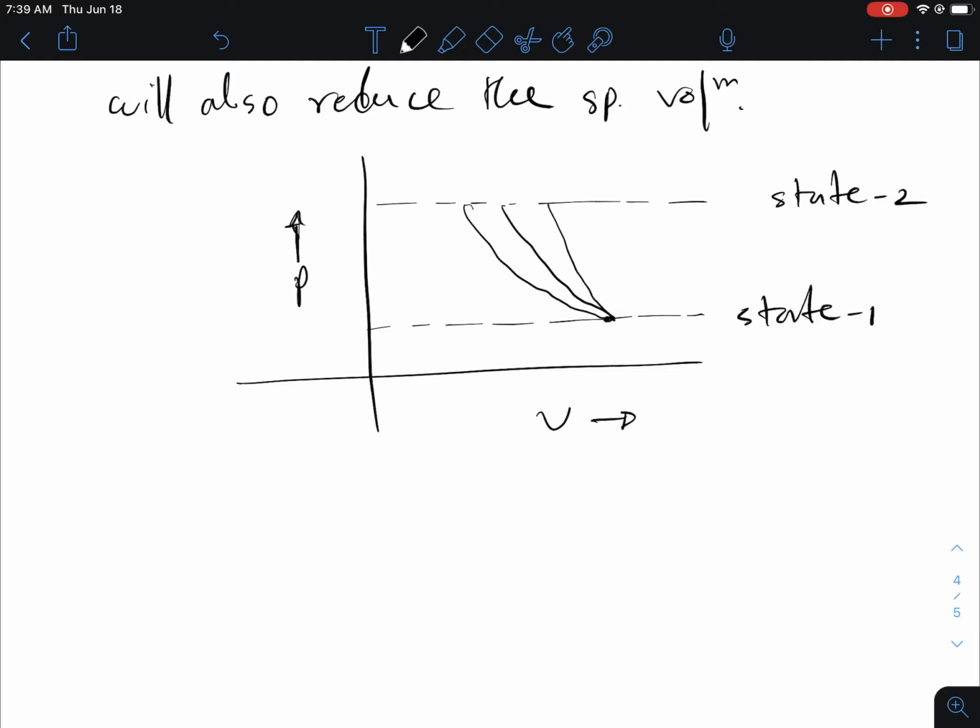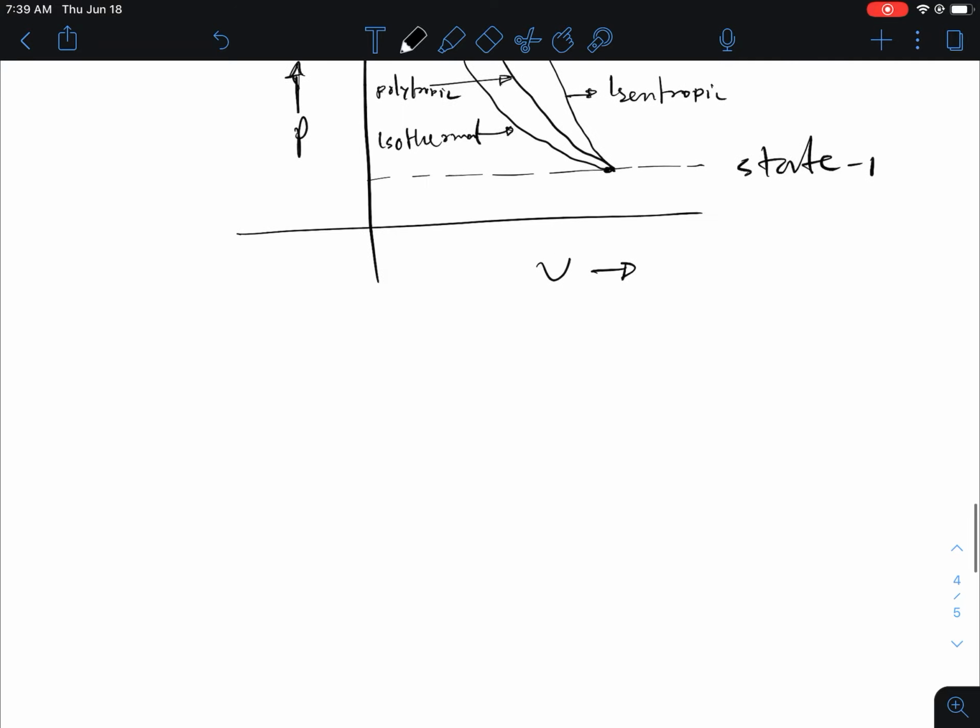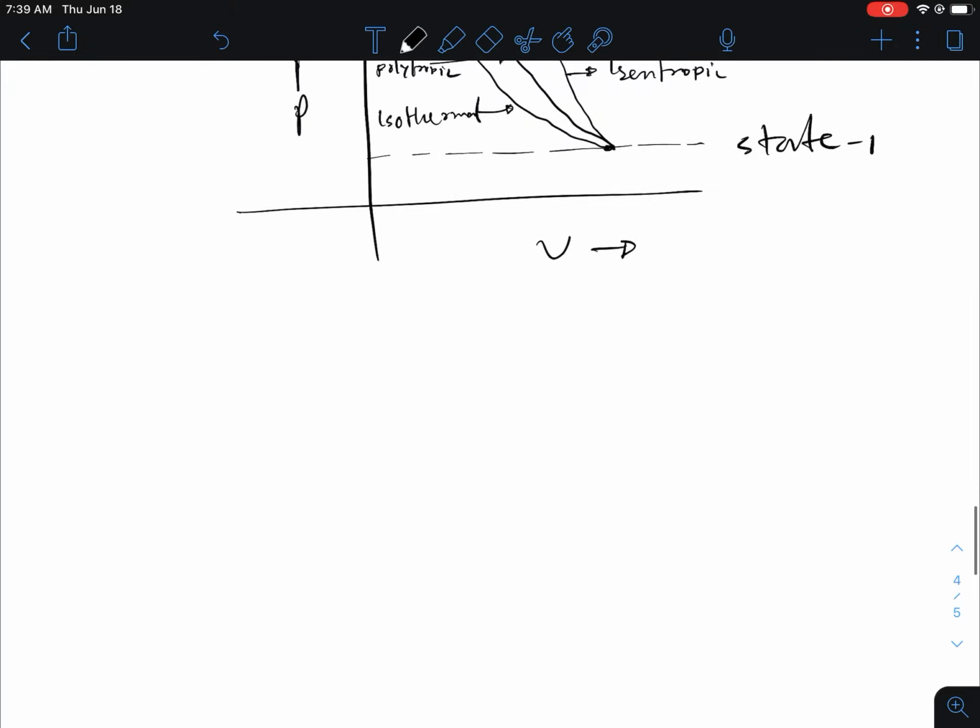The first one is isentropic, this is polytropic, and this is isothermal. If you have this type of process involved in a thermodynamic system, then what is the relationship between the work and the working fluid properties?